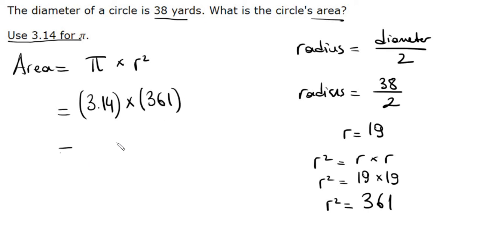Let's multiply 361 by 3.14. That's going to be 1133.54. So the answer is 1133.54 square yards.